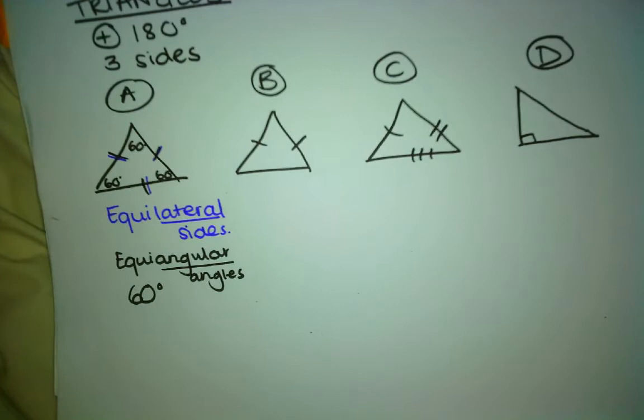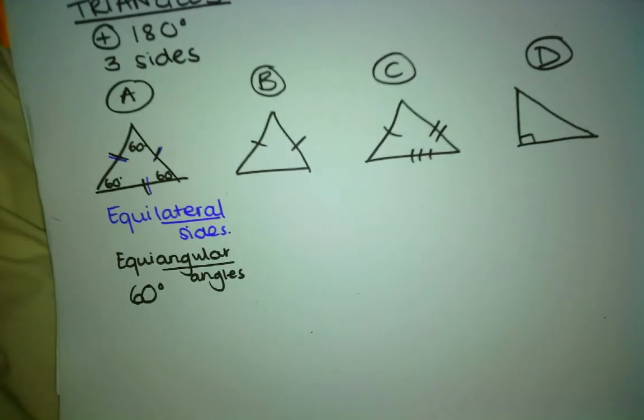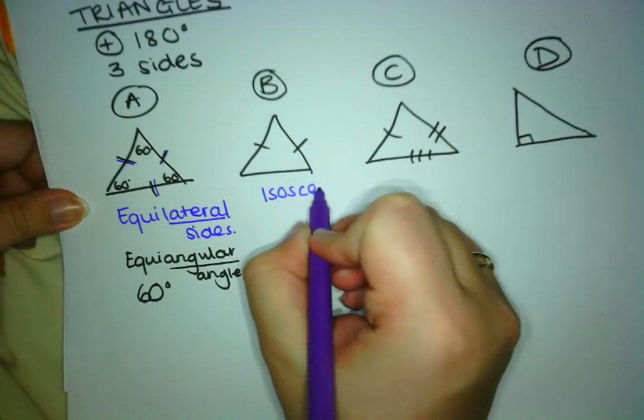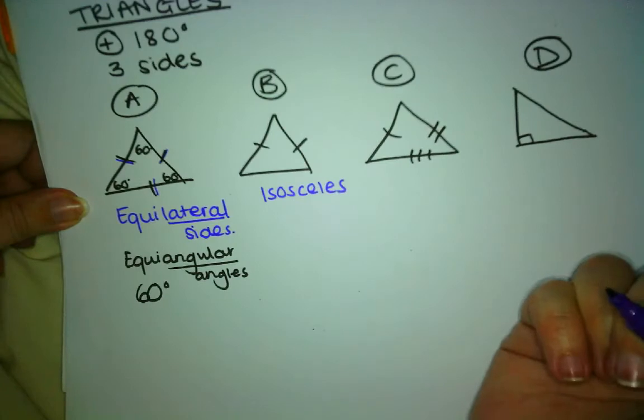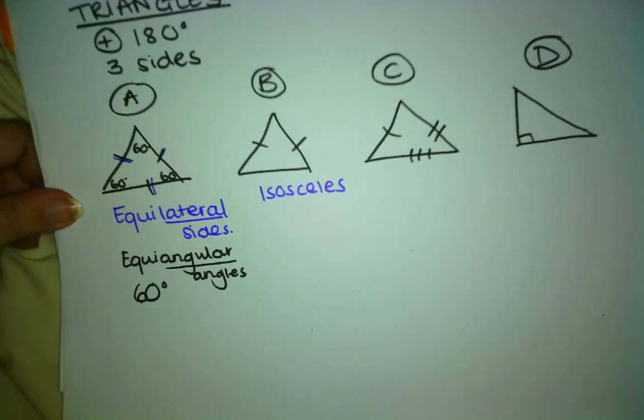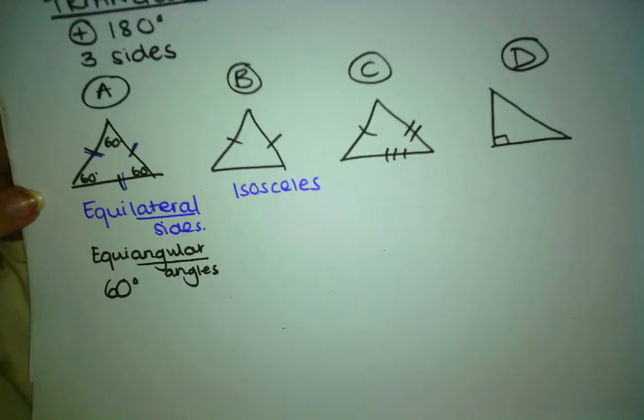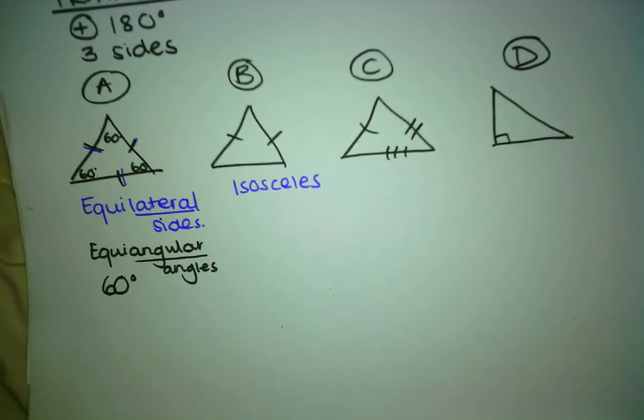Alright. Then, B. This is called an isosceles triangle. So these are the identities. This is what it will look like. This is the name of the triangle. In a test, you might be asked what type of triangle it is, but when you have to start answering how you find the angles, you can't really say this as a reason.